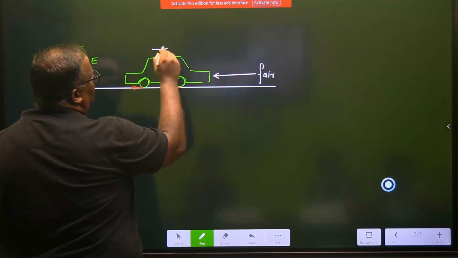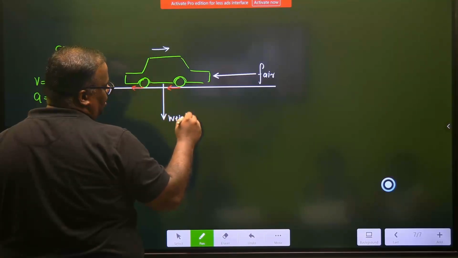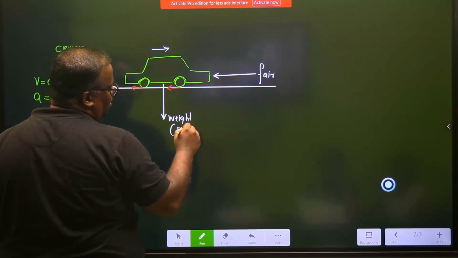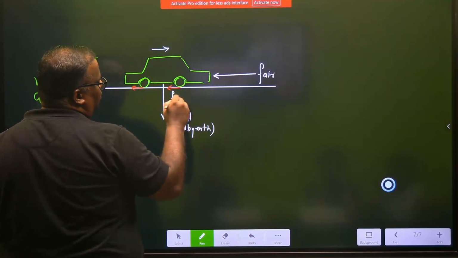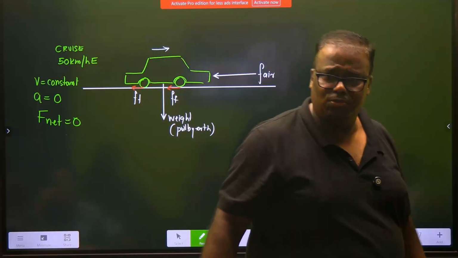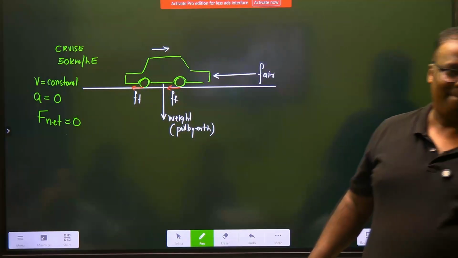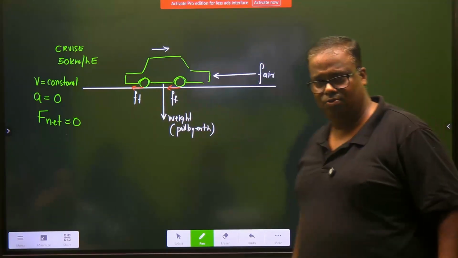Vehicle is moving in this direction. Here, this is the weight or the pull by earth. Yeah, these are friction. So many forces are acting against you. Right? These are all our forces.